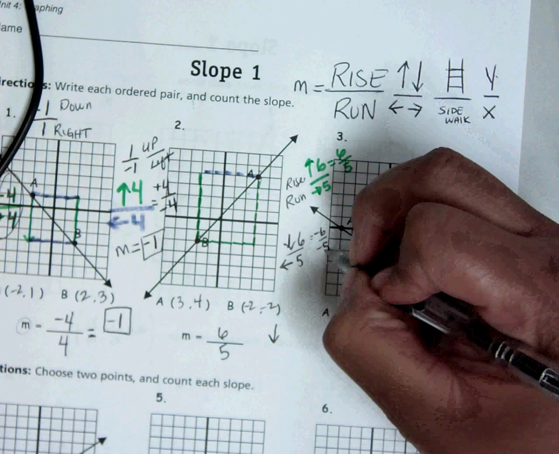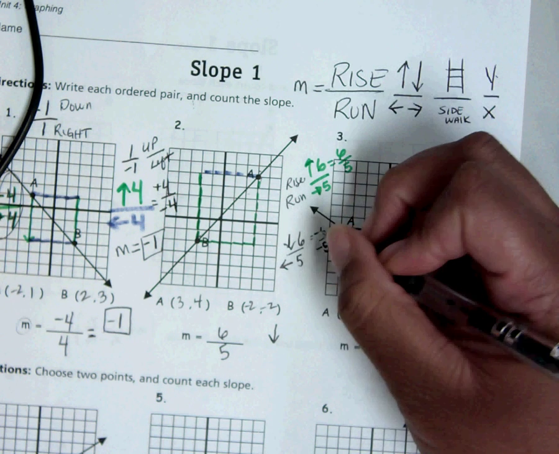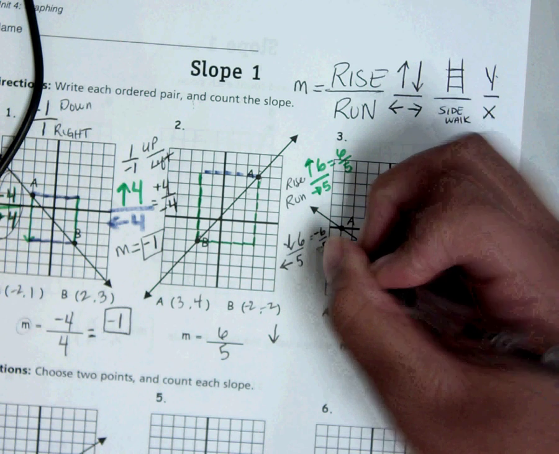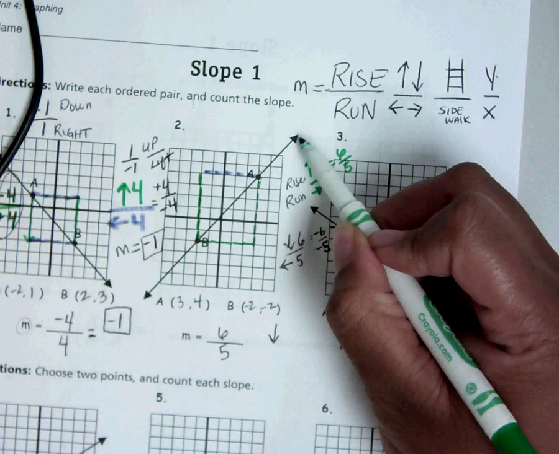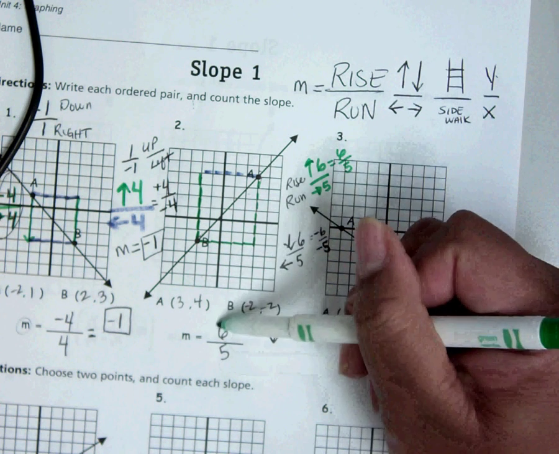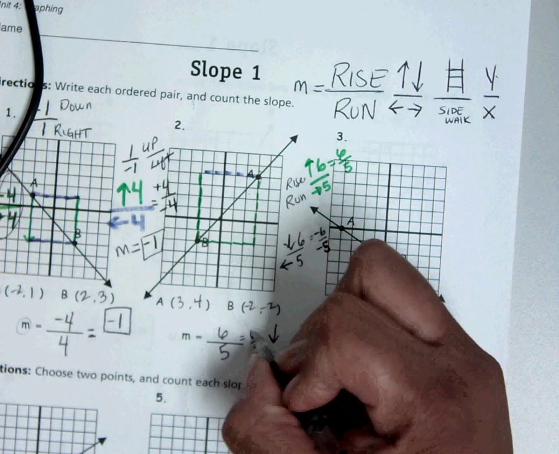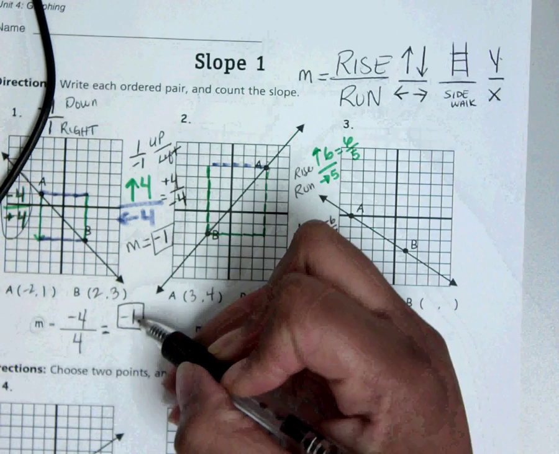And if you're not sure, we'll practice in class and or use your calculator, but you should know a negative divided by a negative is a positive. And how can I justify that? This line is going up the hill, so my fraction or my final answer should also show that. A positive slope with no negative sign means it's going up the hill. Negative slope means it's going down the hill.